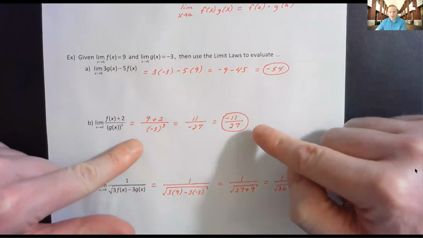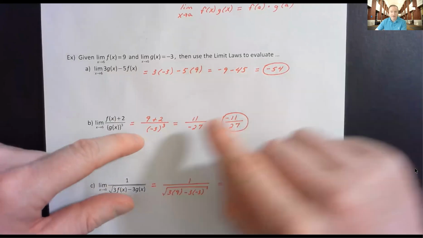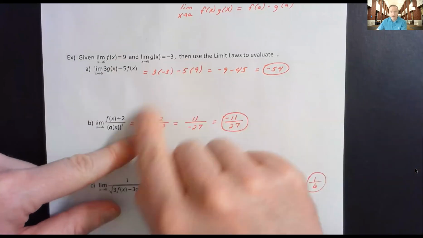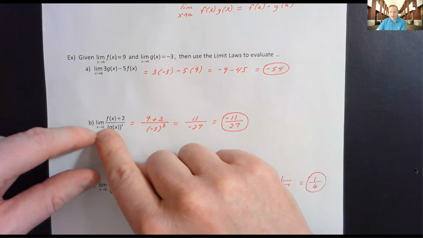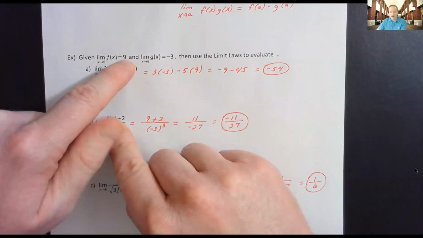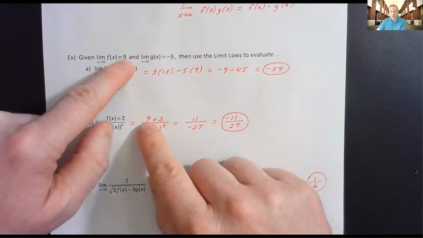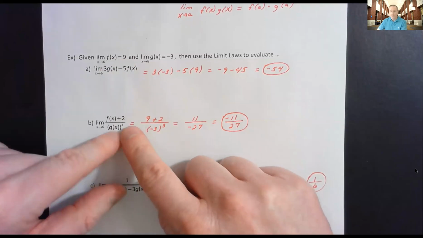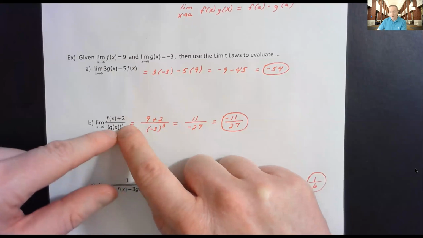The next problem here, it's the same idea. We're still using this information. I know that within a limit as x approaches 6, f of x is going to go to 9. I allow that in my answer. Plus 2. Over my denominator, that's the limit as x approaches 6 of g of x to the 3rd.